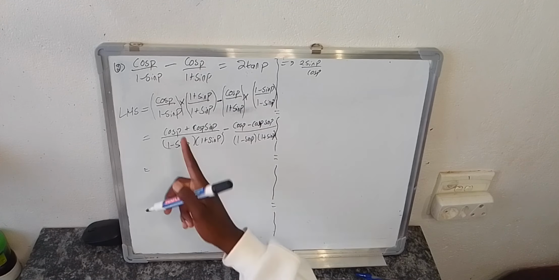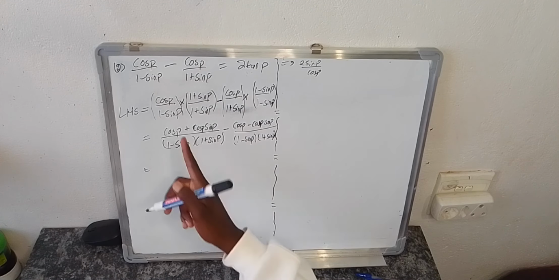So we are going to put this expression inside the bracket, 1 minus cos p sine p. See? Then we are going to divide this with what? With only one denominator, because the denominators are the same for these two fractions. So we're going to be left with this sine p. You see?